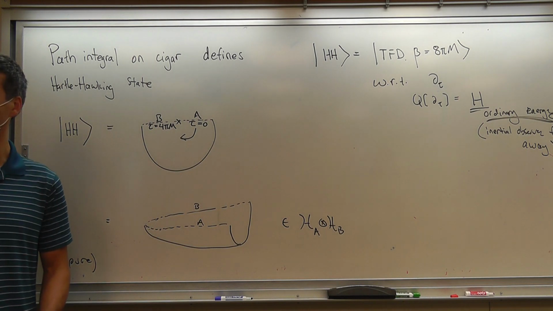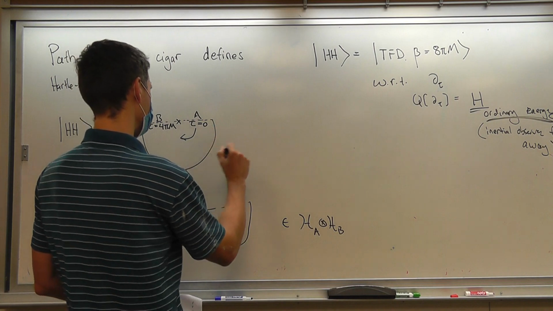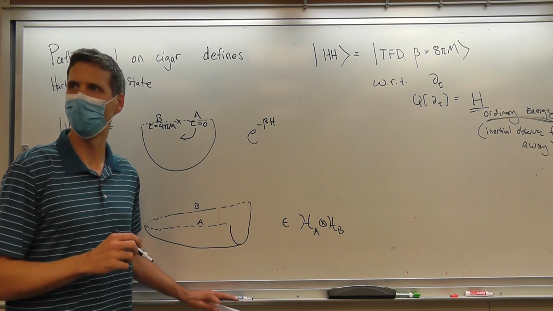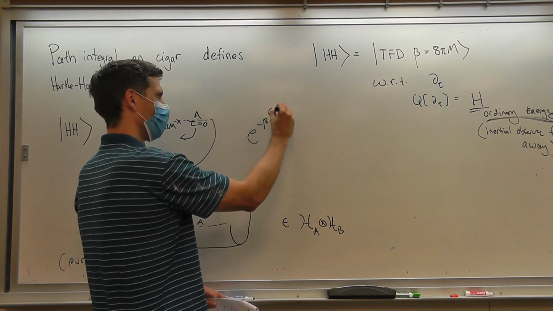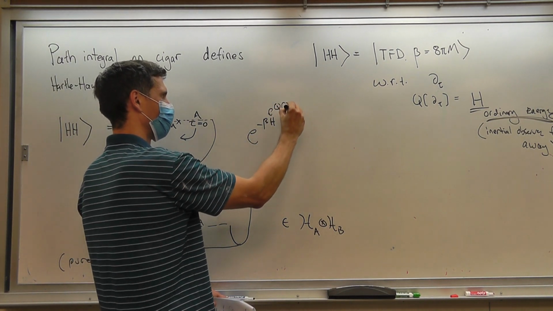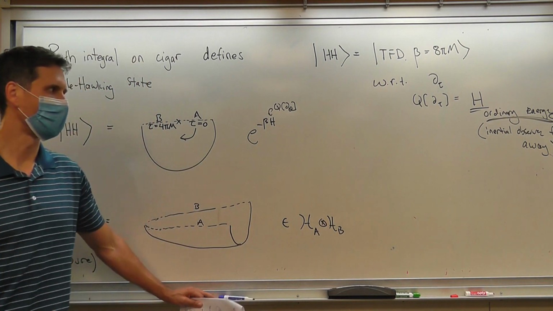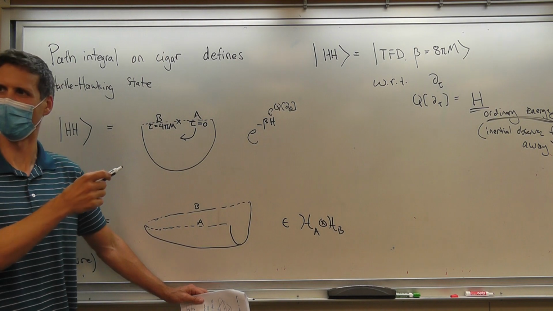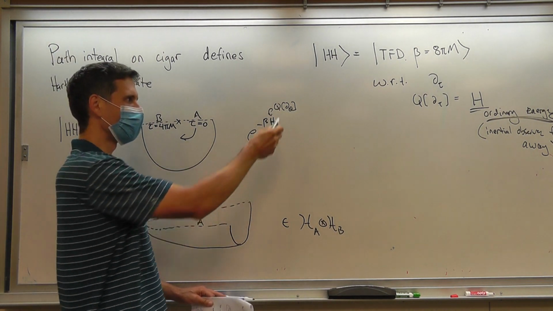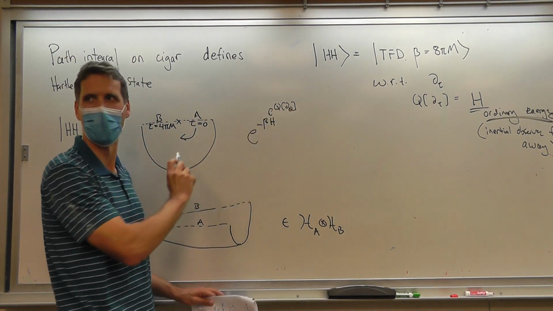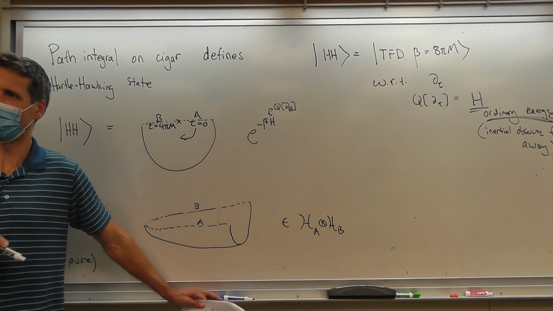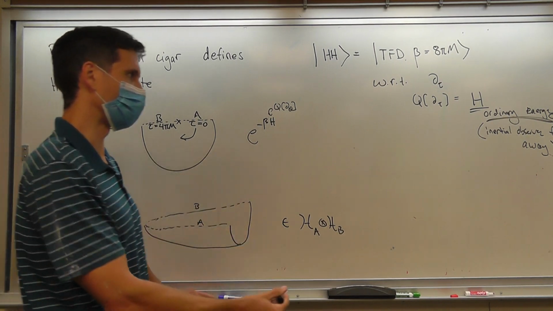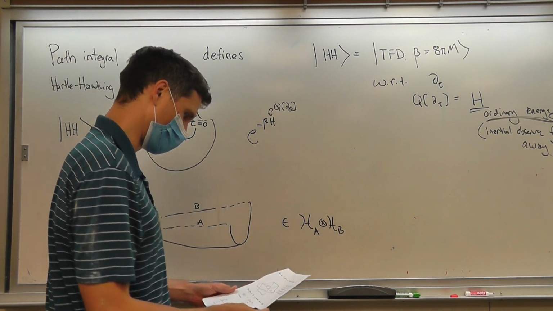When we were doing Rindler, we said there was an e to the minus beta h in Euclidean, in that case it was Q of d theta, and then we checked that there were two i's involved in the Wick rotation to get back to Lorentzian, and this turned into the ordinary Hamiltonian for time translations, Rindler time translations in that case.